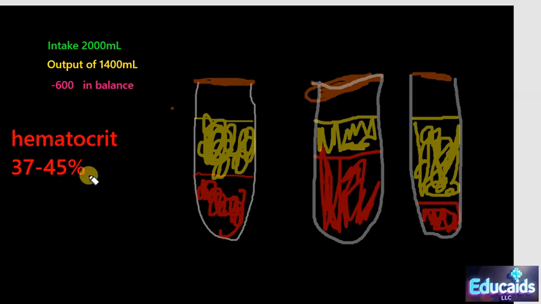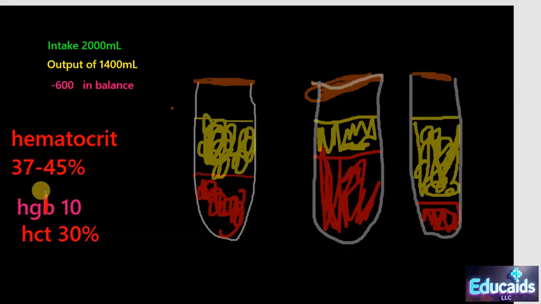So normally, and I don't think NCLEX is going to go over this much, if your patient has a hemoglobin of 10, normally they would have a hematocrit of about 3 times what the hemoglobin is. So that's normal.